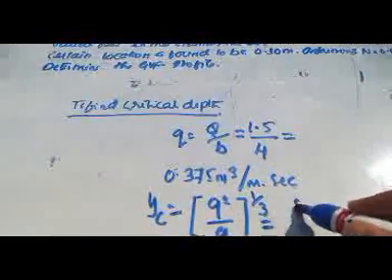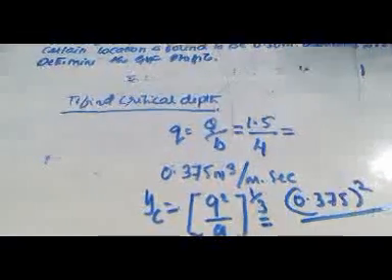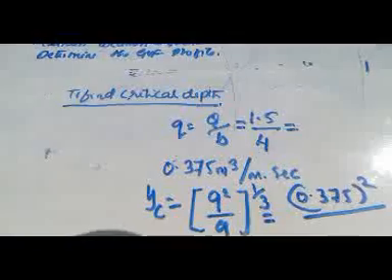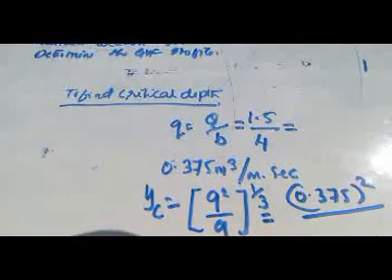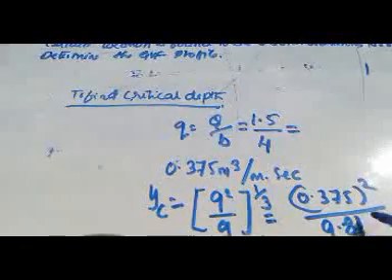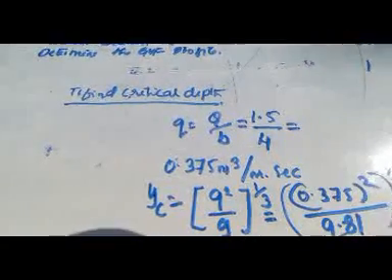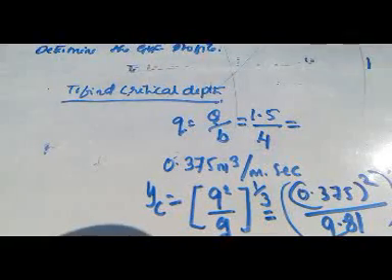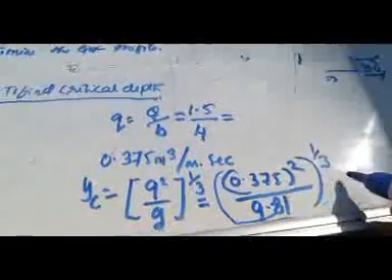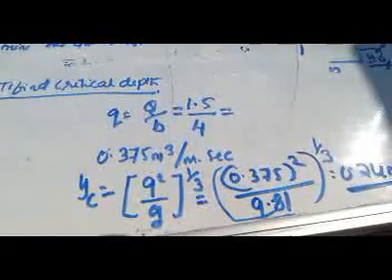What is the q value? 0.375 squared, divided by 9.81, g, to the power 1 by 3. So the answer is 0.24 meter.